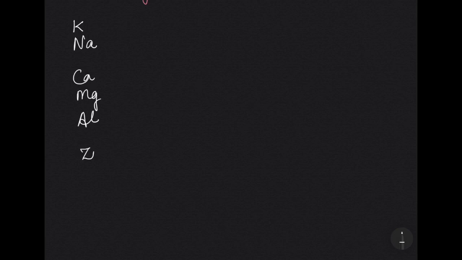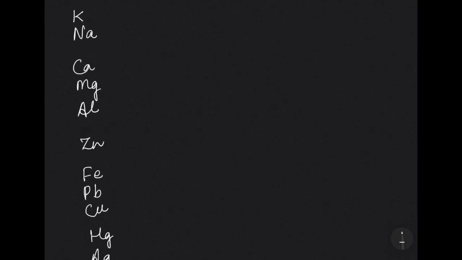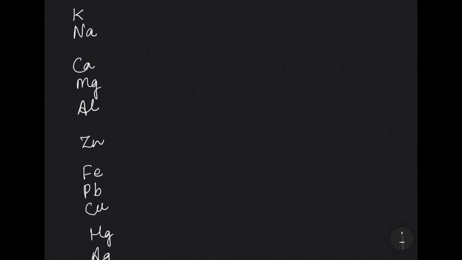The most reactive is potassium, then sodium, which forms one group, then we have calcium, magnesium, aluminium, then we have zinc, then iron, then lead, copper, mercury and silver. These metals are arranged according to their activities. It's also known as the activity series of metals. We'll be learning about that a little bit later.